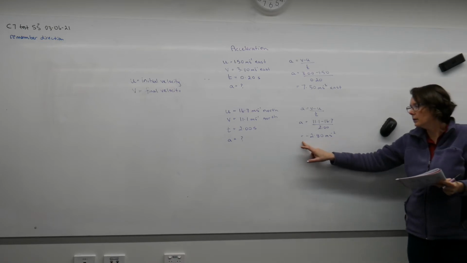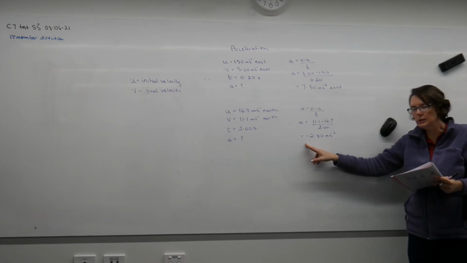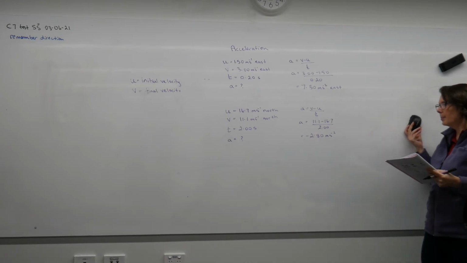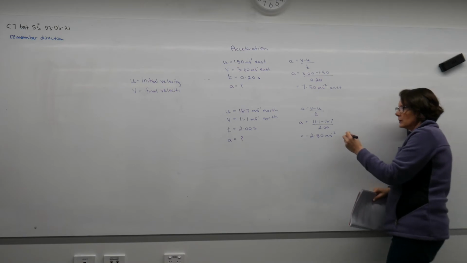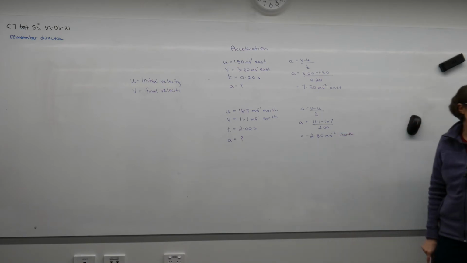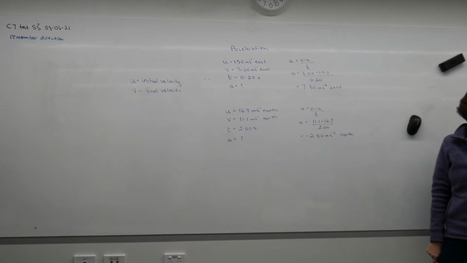So that negative is indicating that it's decelerating. But if we think about the direction it's facing, it's still facing north. We're still driving north, we're just driving slower in the northerly direction.